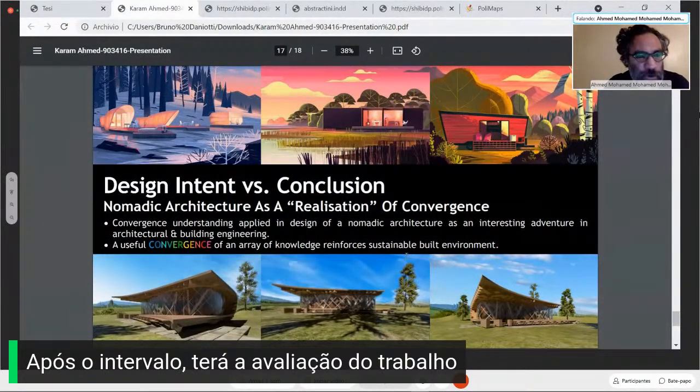Yes, so in the upper part, this was the intent from the point of view of an architect on how to do a nomadic architectural design. And at the bottom, this was the design conclusion that I reached via many exercises and simulations to arrive at an optimal, well-built, engineered design.